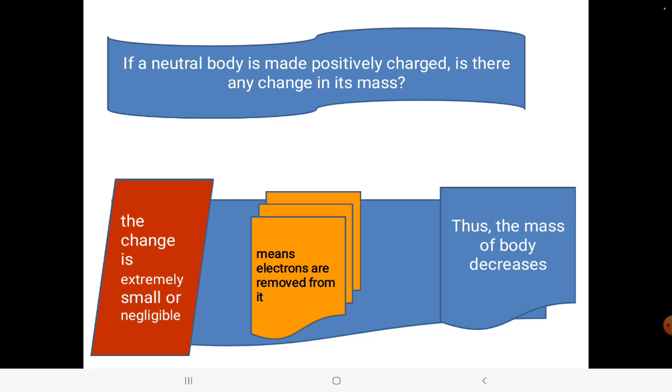The change is extremely small or negligible, of course. For example, if it lost 2 electrons, it will get a +2 charge.